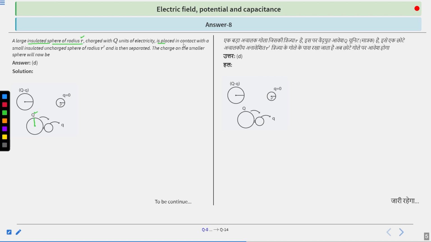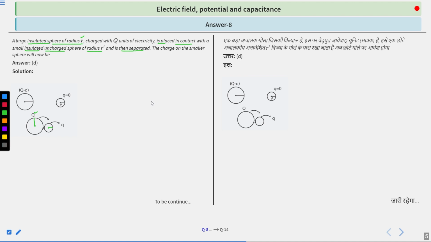This charged sphere is placed in contact with a small insulated uncharged sphere of radius r prime, and after that the spheres are separated. The question asks: what is the charge on this smaller sphere?